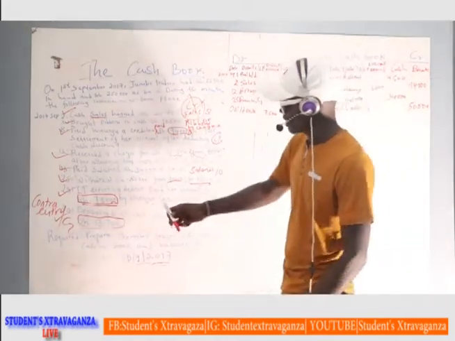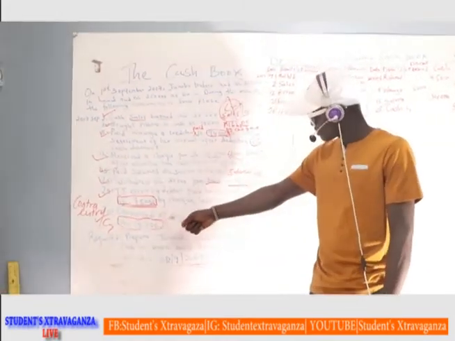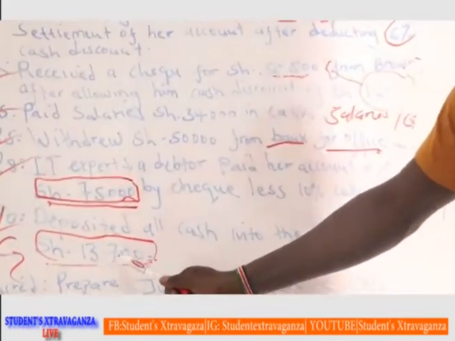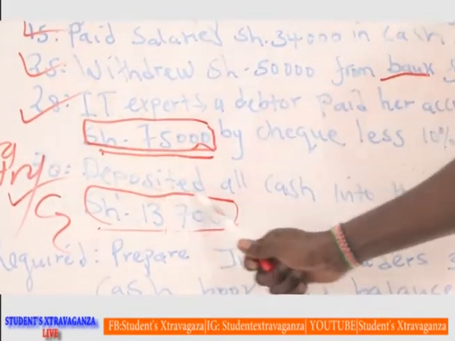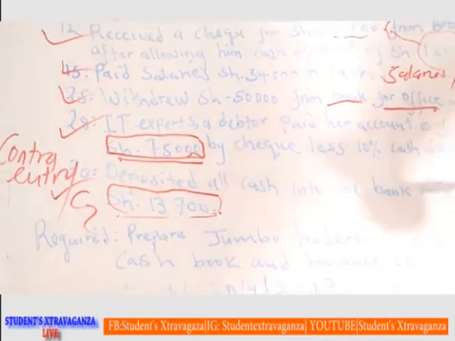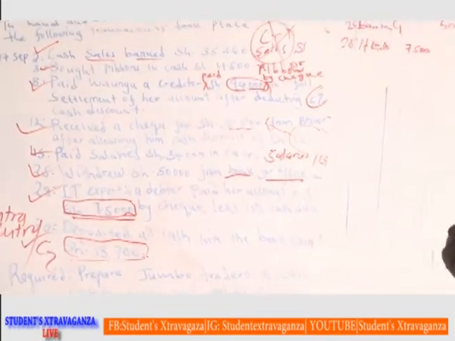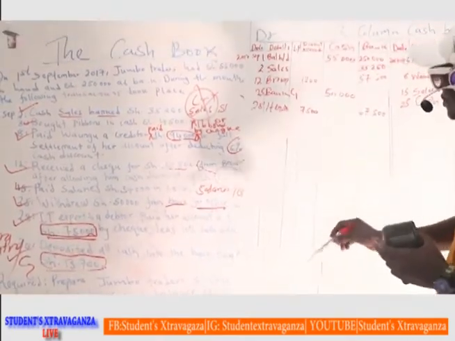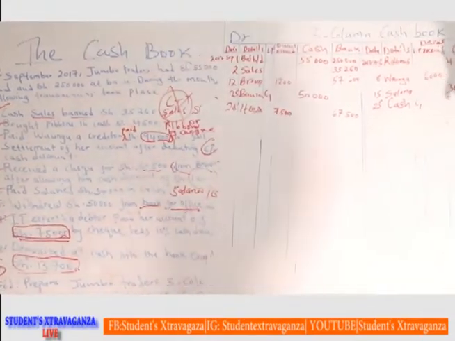Last transaction here is on 30th, and Jumbo Traders deposited all cash into the bank except 13,700. This statement is very, very important. Deposited all cash into the bank except 13,700. Watch how we are going to calculate the current cash on the DR side and the cash on the CR side.